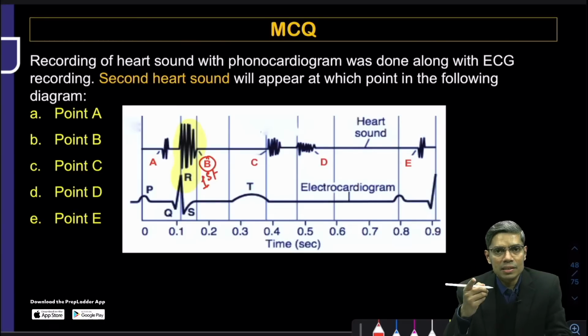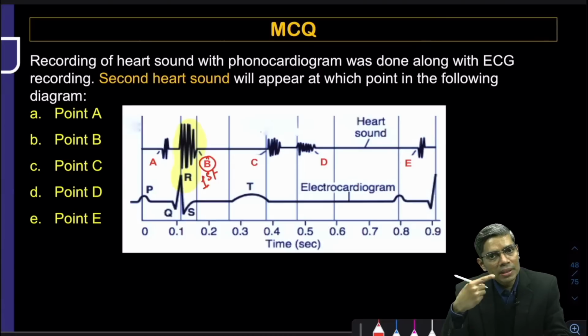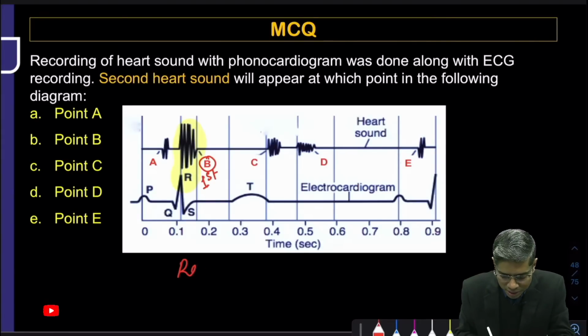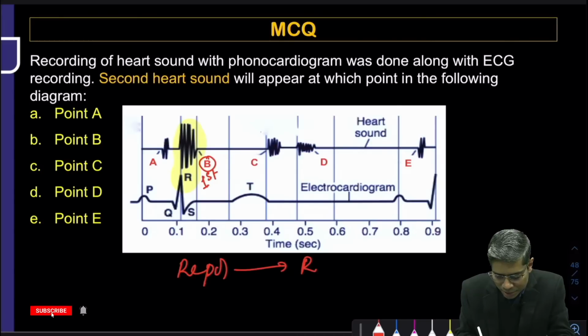Then the second heart sound occurs at the beginning of the relaxation of the heart. Relaxation means after the repolarization of the heart. So first there will be repolarization, then there will be relaxation of the heart, or diastole of the heart will happen.